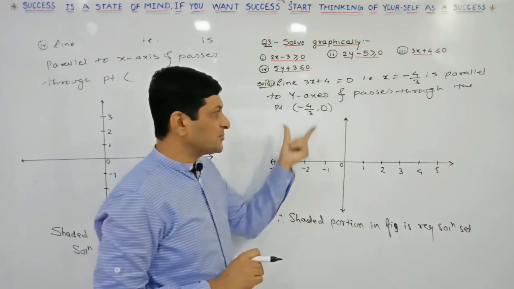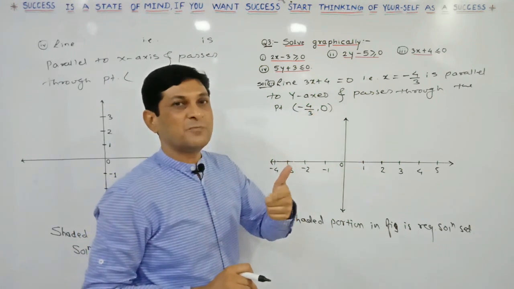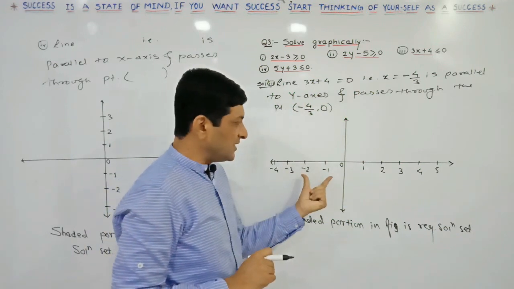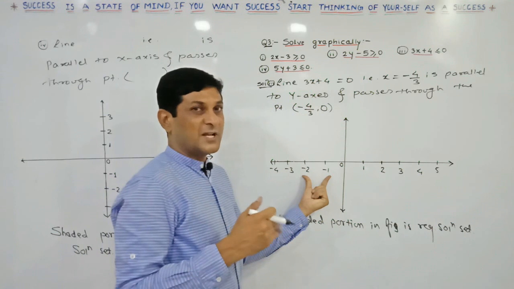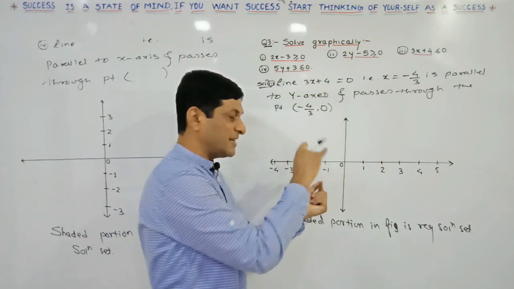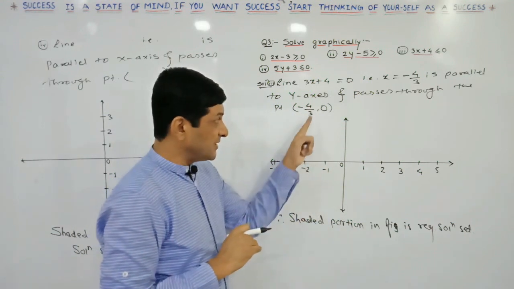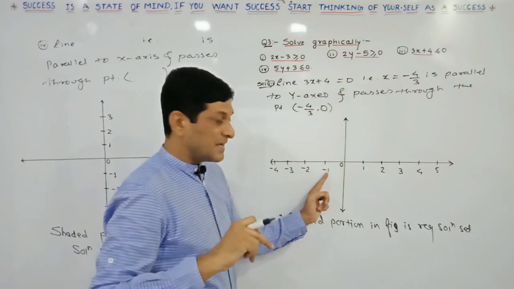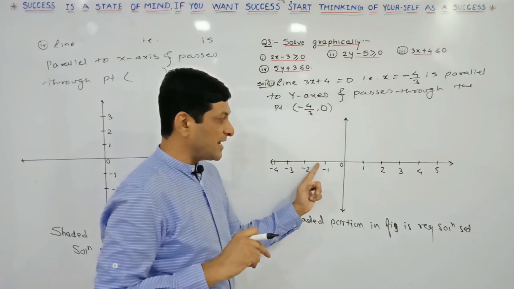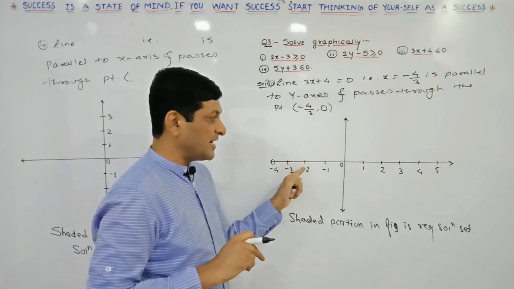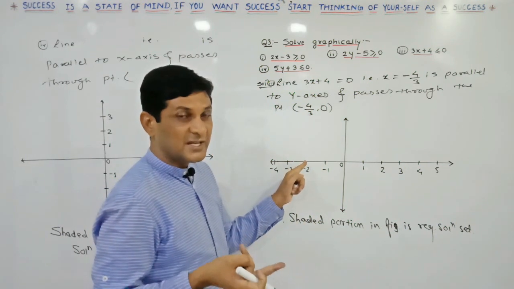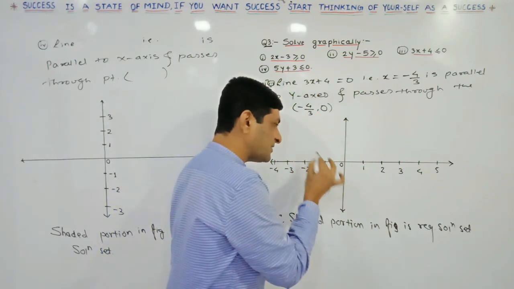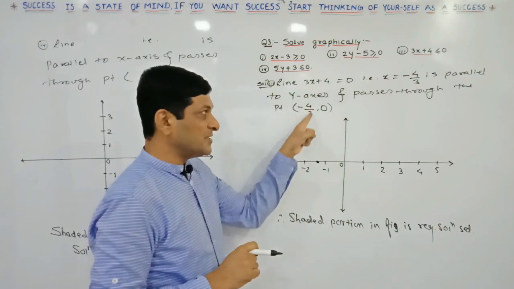Easily we can observe that minus 4 by 3 means minus 1 point something, so it lies in between minus 1 and minus 2. Here the denominator is 3. Minus 1 means minus 3 upon 3, later on we will get minus 4 upon 3, minus 5 upon 3, and here we will get minus 6 upon 3. Minus 6 upon 3 means minus 2, so somewhere here we will get our required point, minus 4 by 3.